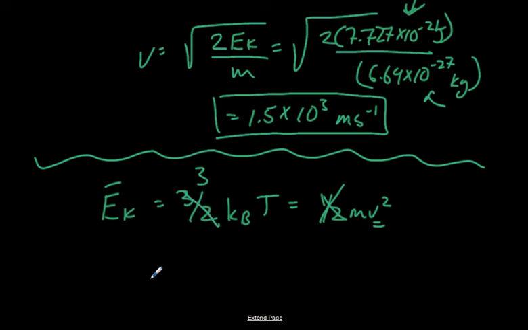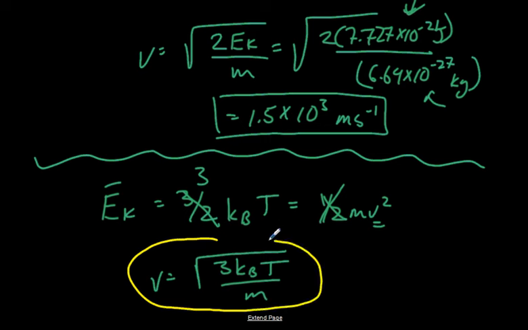So what we should get is the velocity of a particle is equal to 3 times the Boltzmann constant times the Kelvin temperature, divided by the mass of a particle of that substance, and this is a square root, by the way, just in case you didn't notice. So you can pretty quickly, if you're asked a question on this, figure out the velocity of these objects at different temperatures. When we drop to 0 Kelvin, put a 0 in here, and you end up with a 0 velocity. Okay, does that make sense?